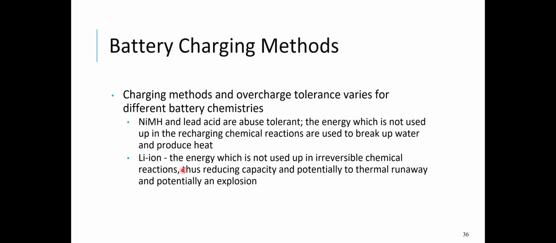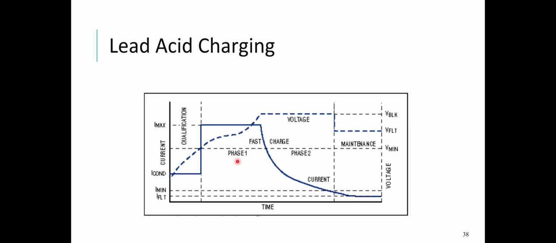So lithium-ion battery chargers have to be designed very carefully where they stop charging the battery when the battery is fully charged. So what does a charging profile of a lead-acid battery look like? First, we do what's known as constant current charge. The solid line here is current, and the dashed line is the voltage.